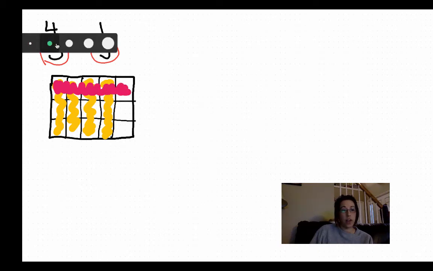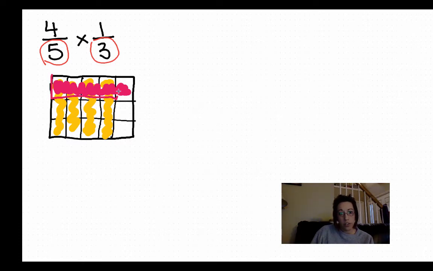And then let's go ahead and look at the area that we're talking about. Our overlap is up here. We're talking about 1, 2, 3, 4 sections. And we've got to figure out how many total sections. 1, 2, 3, 4, 5. 1, 2, 3.